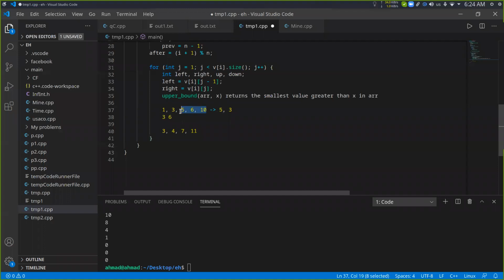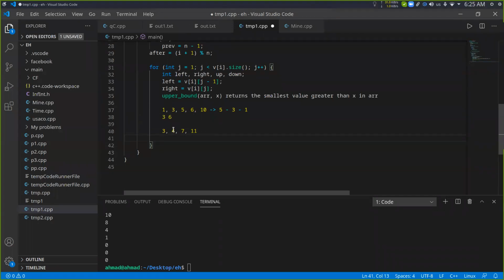Is there a problem here? Okay, I'll subtract this from this, and then subtract 1. Oh, okay, let's check the after array.